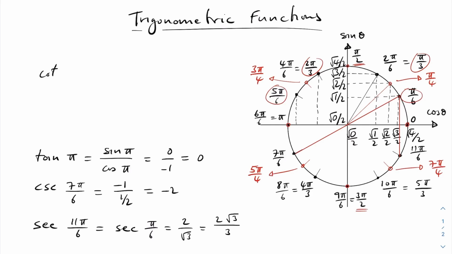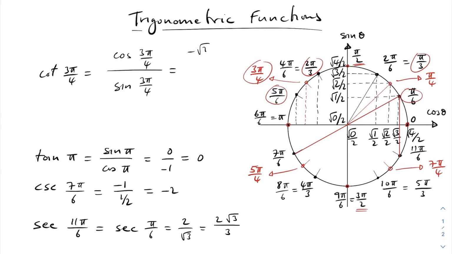Finally, how would you figure out the cotangent of 3 pi over 4? 3 pi over 4 can be found over here. And so with that, knowing that the cotangent is simply equal to the cosine divided by the sine, you're going to have that equal to the cosine of 3 pi over 4 divided by the sine of 3 pi over 4. And so the cosine of 3 pi over 4 here is the same as the cosine of pi over 4, but different sign.